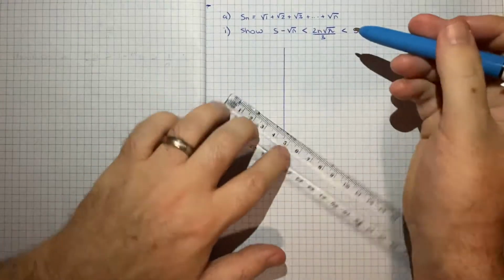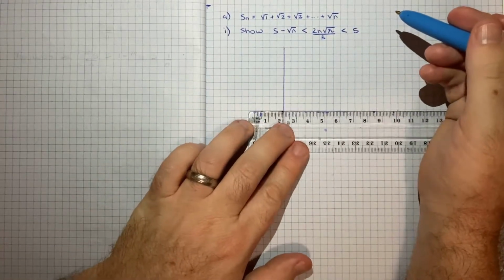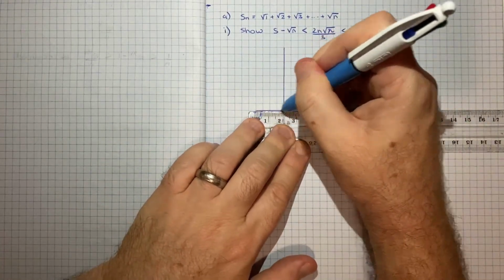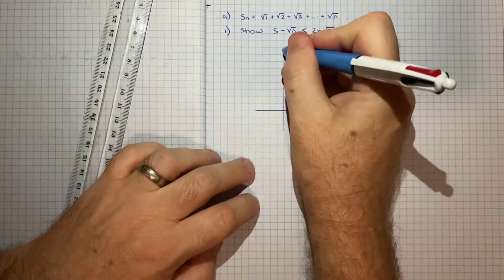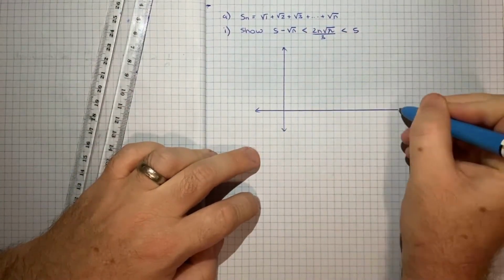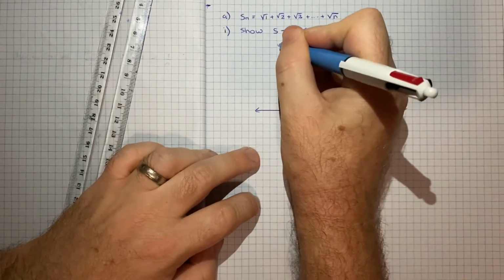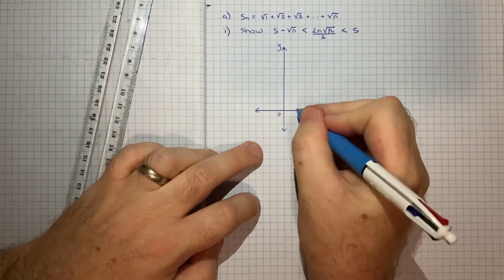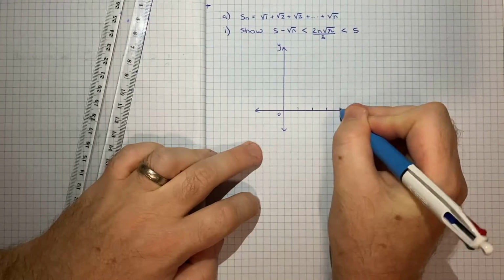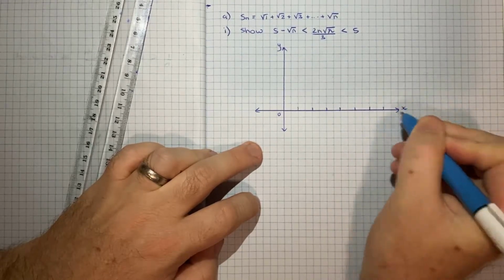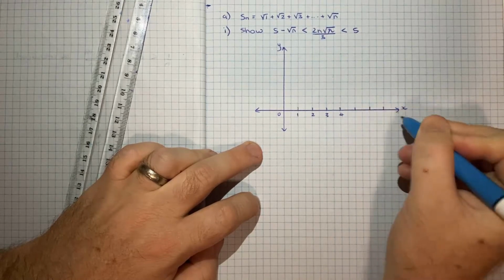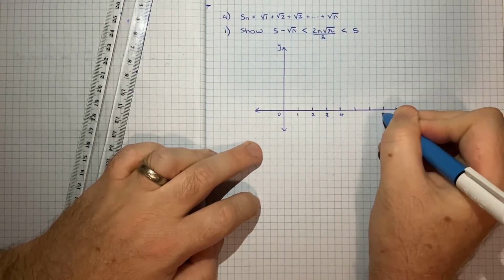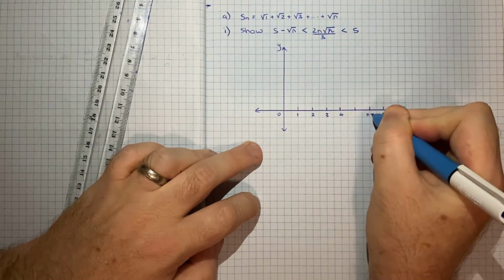So I'll just get a chart happening here. We'll just get our axes set up. So we'll have 1, 2, 3, 4, and we'll go all the way up to n. So I'll put in n minus 1 there.